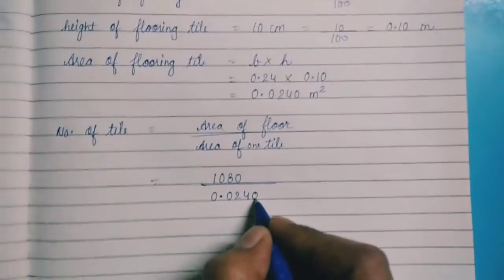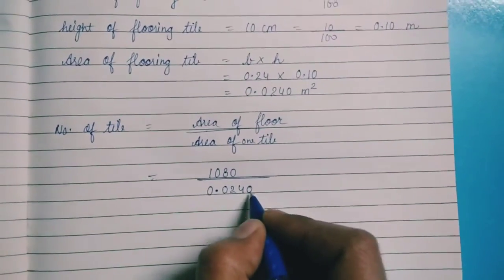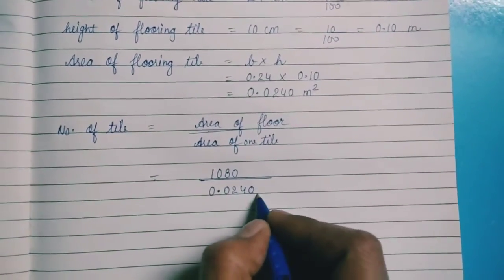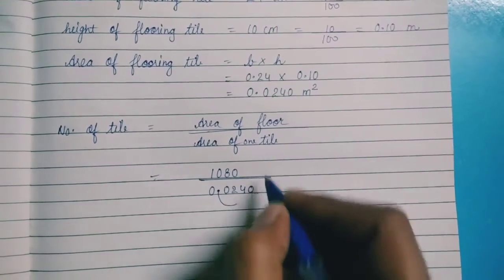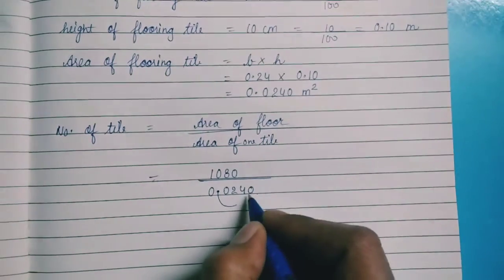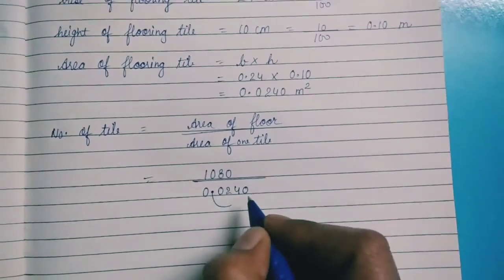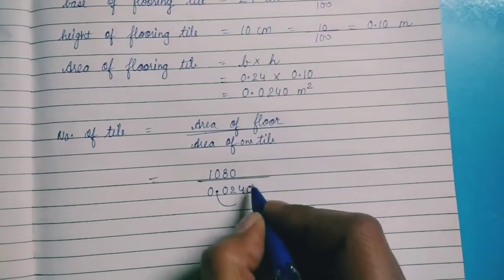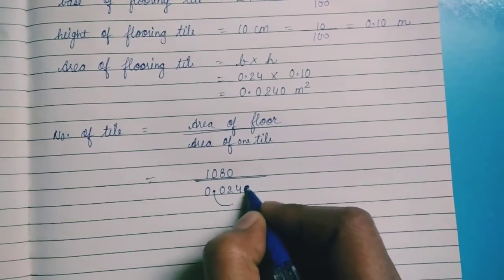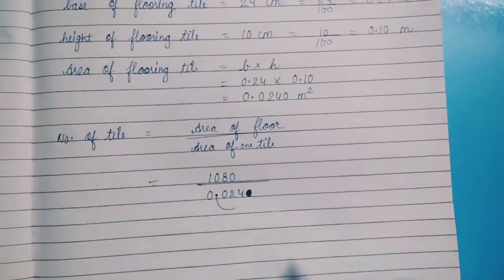We can also leave out this last 0 because it is at the end of the decimal number. Now when we remove the decimal from here, we would need to put 4 zeros, but that will create confusion. That's why this 0 is not needed.